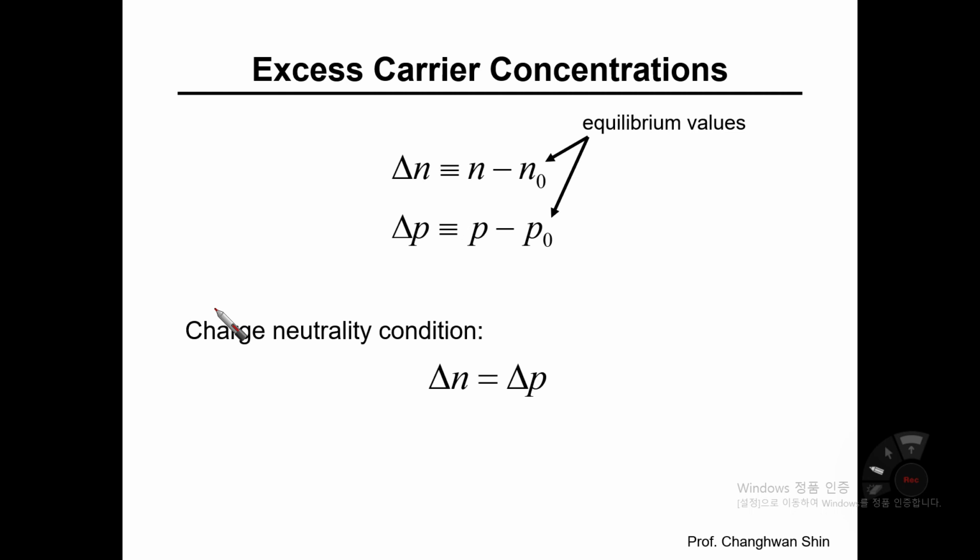So we need to take a short break. I'm going to stop my lecture here, and I would like to record another movie clip to introduce the concept of excess carrier concentration, the very first step to understand the PN junction and MS junction.